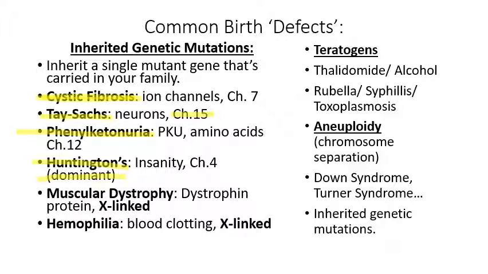Muscular dystrophy is as well. It causes deterioration of the muscles. It's caused by a mutation to a gene on the X chromosome, which means that because women have two X chromosomes, if you have a mutant gene, which is what's known as a recessive mutation, the odds of showing the disease are less, because the other chromosome probably has the functional gene on it.